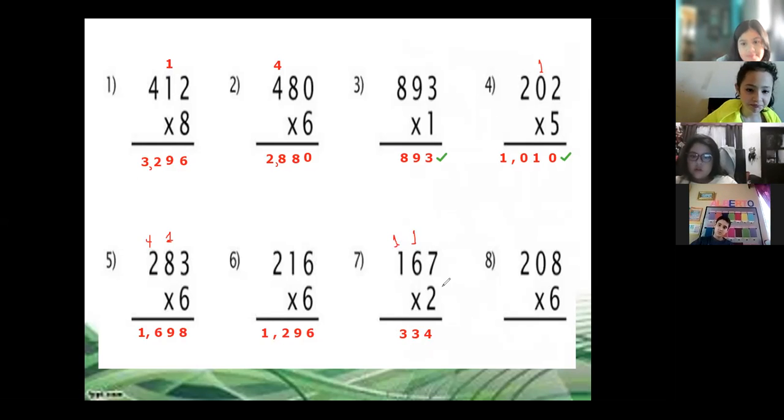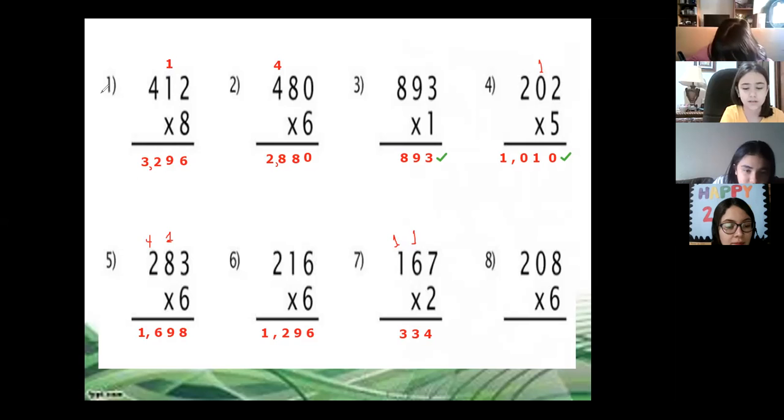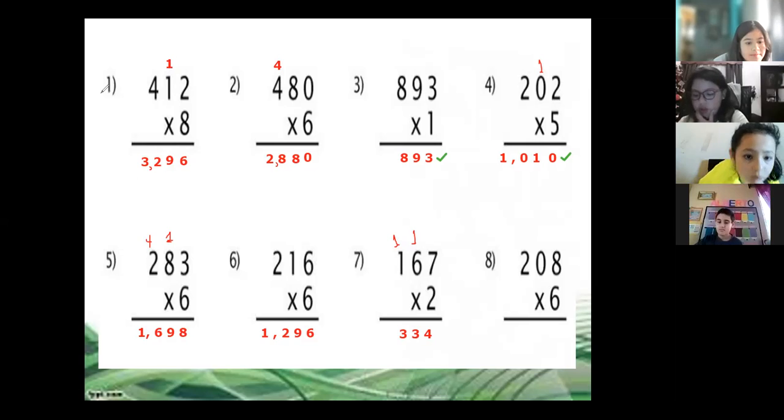Now, 2 times 1? 2. Plus 1? 3. So it's correct. That's right. 334, because we say 2 times 1 is 2, but we don't have to forget that we need to add this number 1, that is the number that we are regrouping. Excellent. Thank you so much, Isabella. Thank you so much, Rebecca.